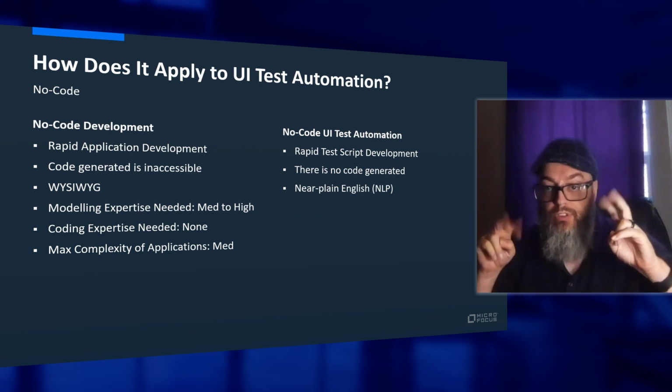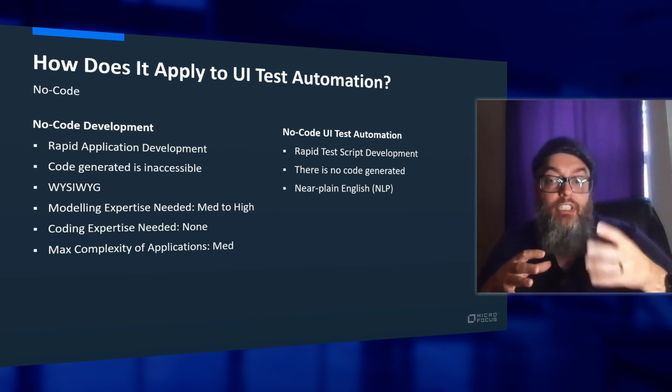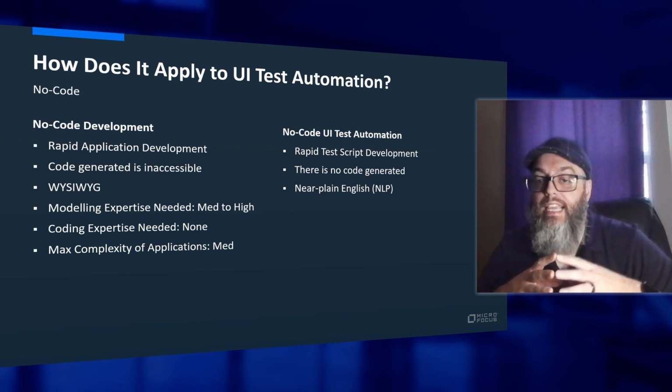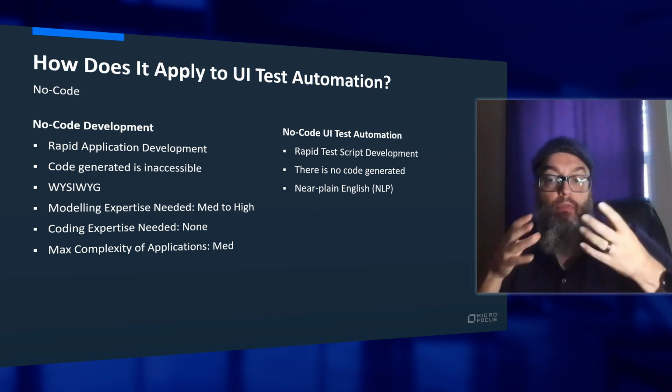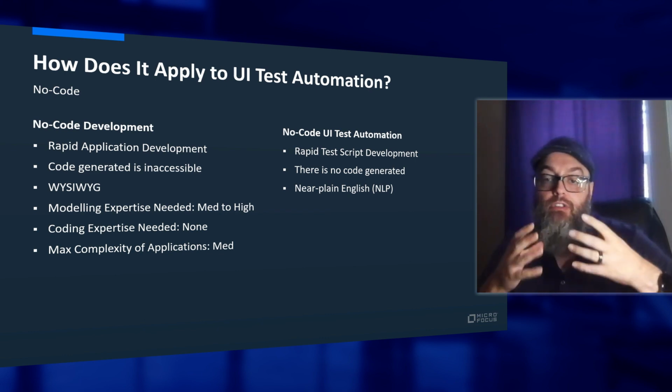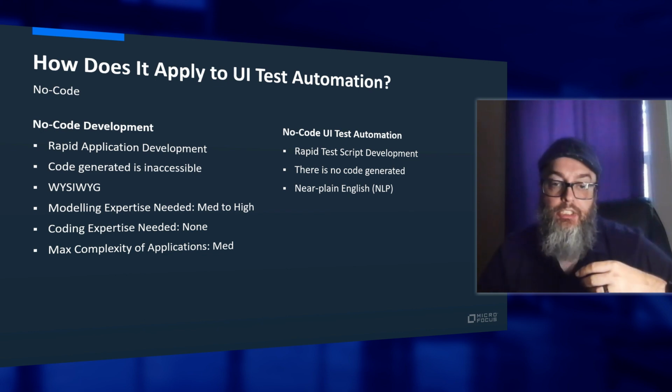The quote-unquote script should be represented in near plain English, and it should leverage AI, natural language processing, NLP. And what it should do at runtime is interpret what was written into the commands that the tool uses to drive the automation.